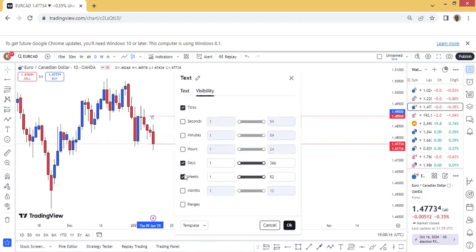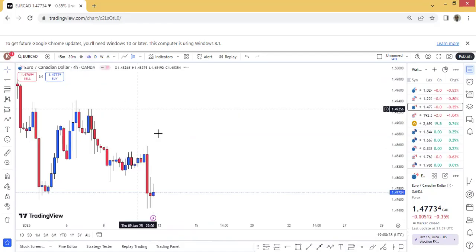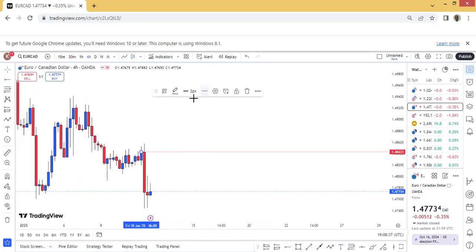The trend on the weekly is bearish. And with just these two time frames aligning, we know that we are only going to be looking to sell this market. The 4-hour has also formed a new low.